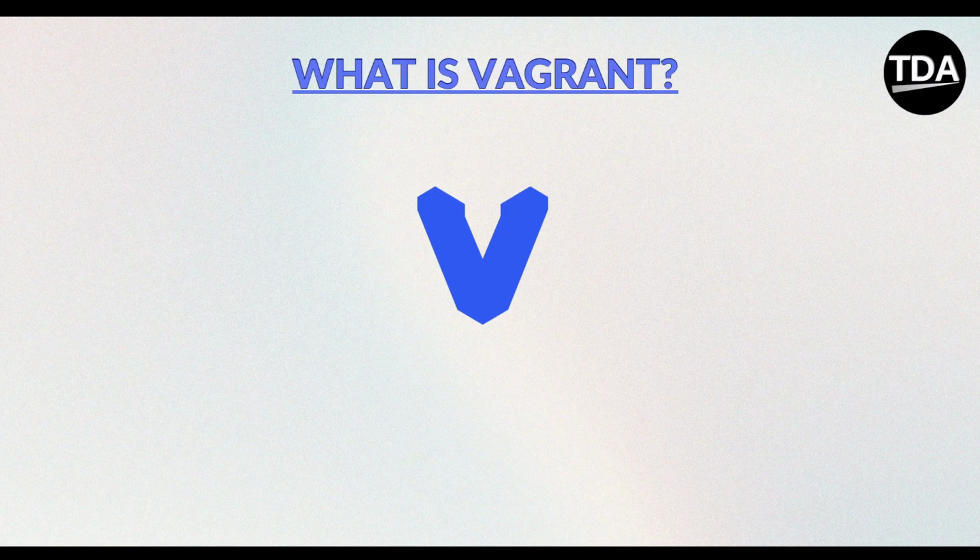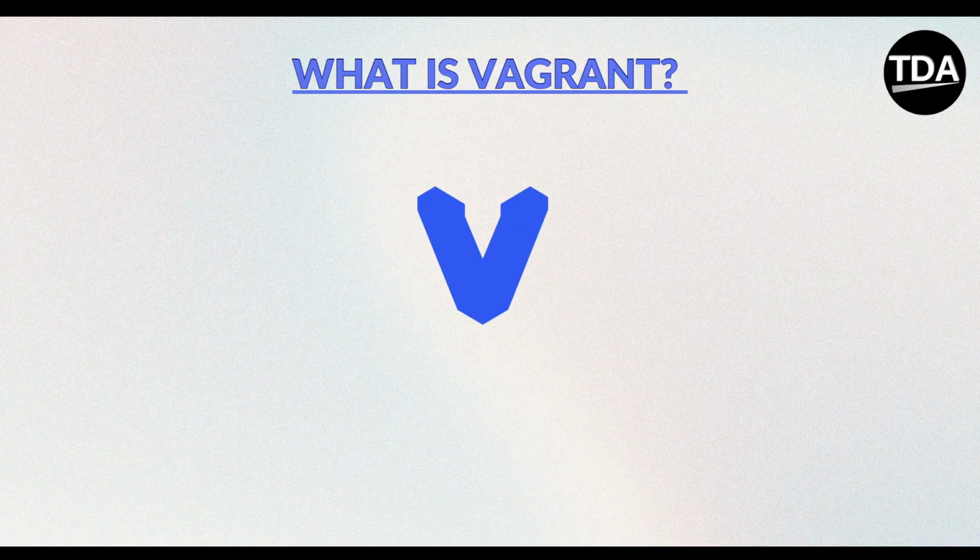Alright, let's start with the basics. What is Vagrant? Vagrant is an open source tool created by HashiCorp that allows developers to create, manage, and share lightweight, reproducible, and portable virtual environments. Think of it as a virtual machine manager that helps you to set up a development environment quickly and consistently.